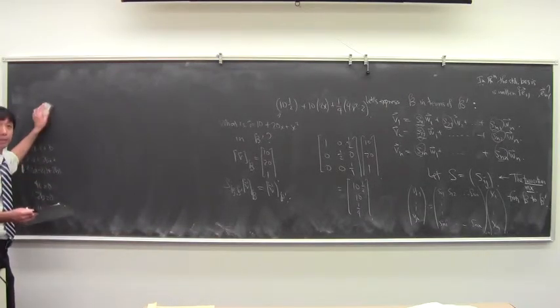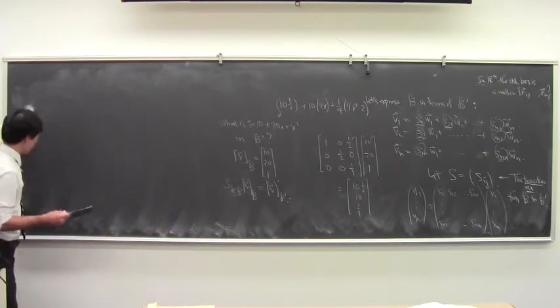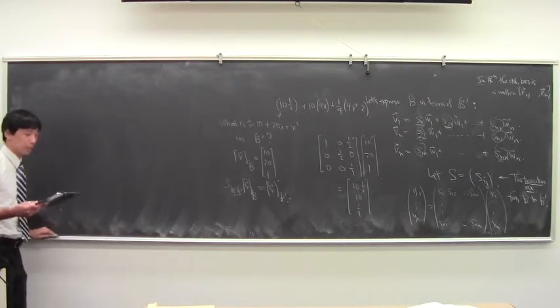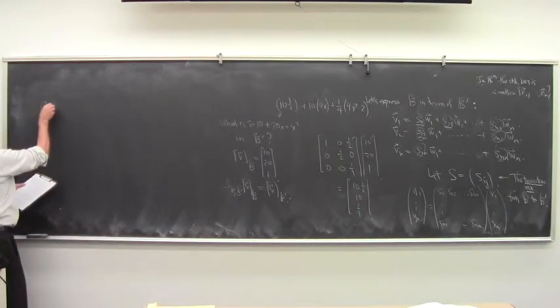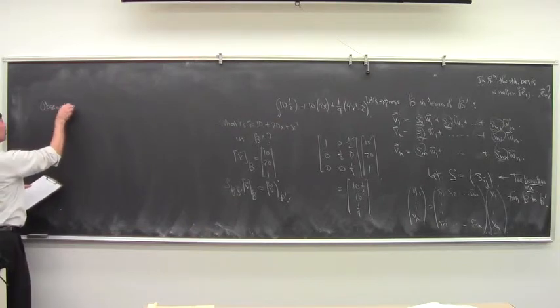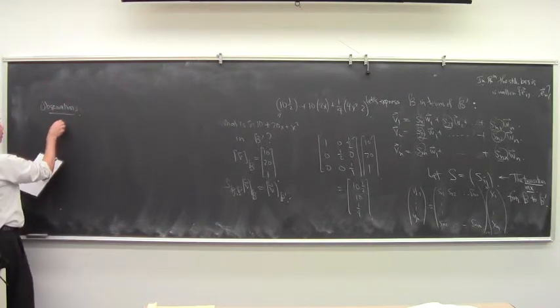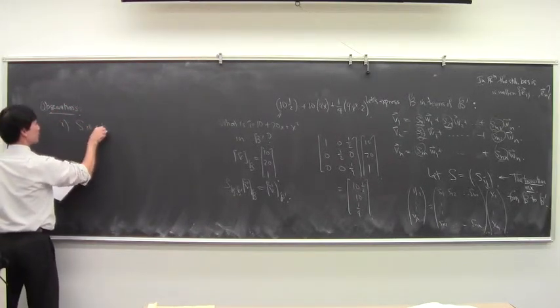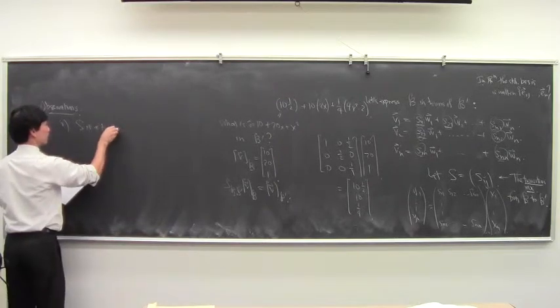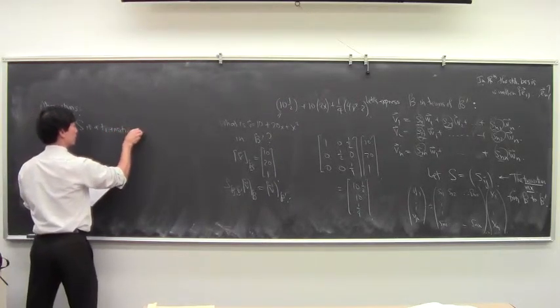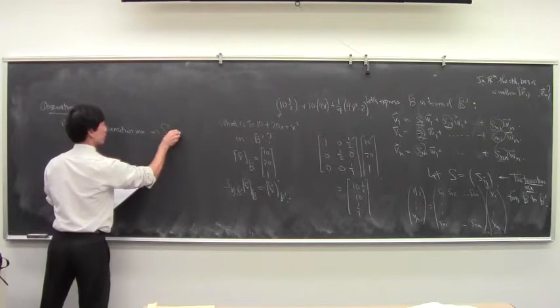Any questions? We'll take a couple of observations. One, if S is a transition matrix, then actually S is invertible.